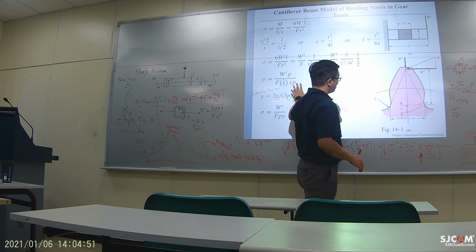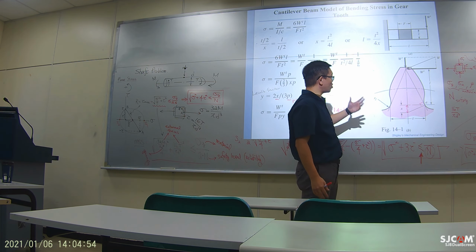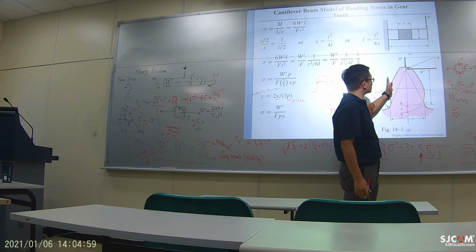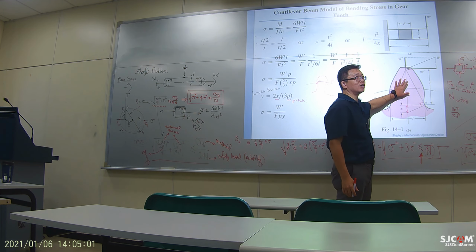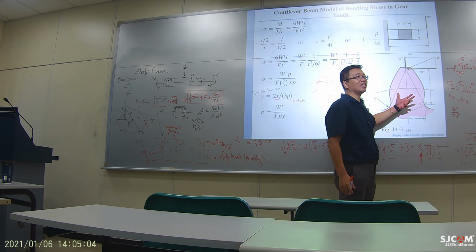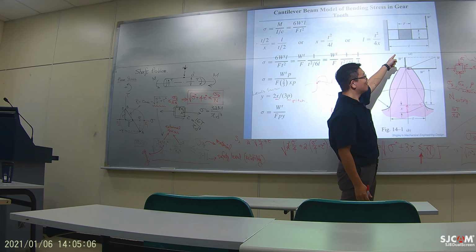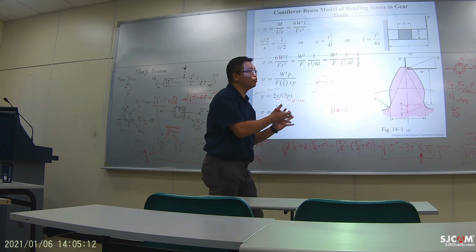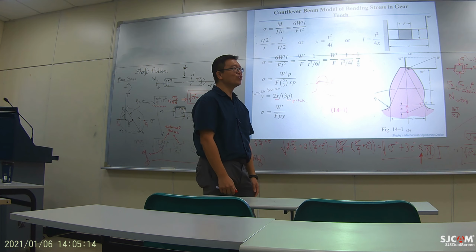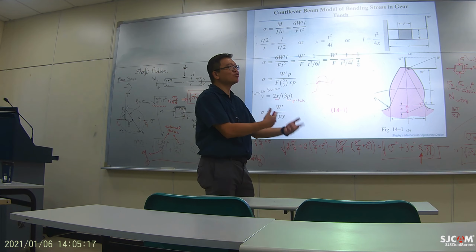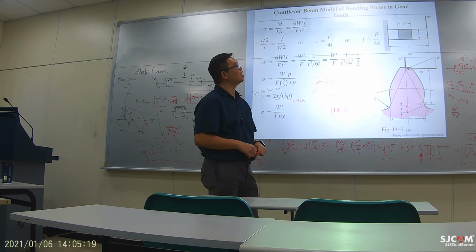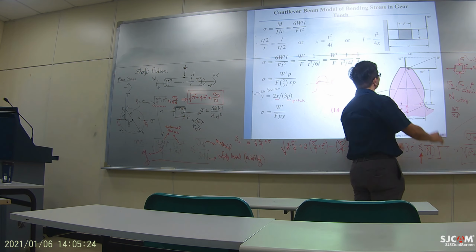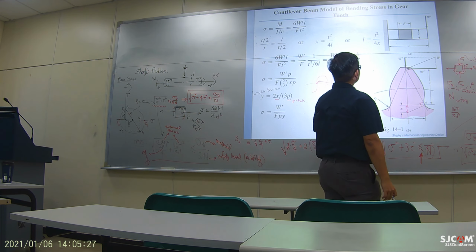And let's take a look at what happened. Under this way of doing the stress analysis, they no longer analyze the stress everywhere inside the geometry. They simplify it as a cantilever. The drawing right here represents how they view the tooth in a much simpler form. It's just treated like a cantilever, but tilted by 90 degrees, rotated.